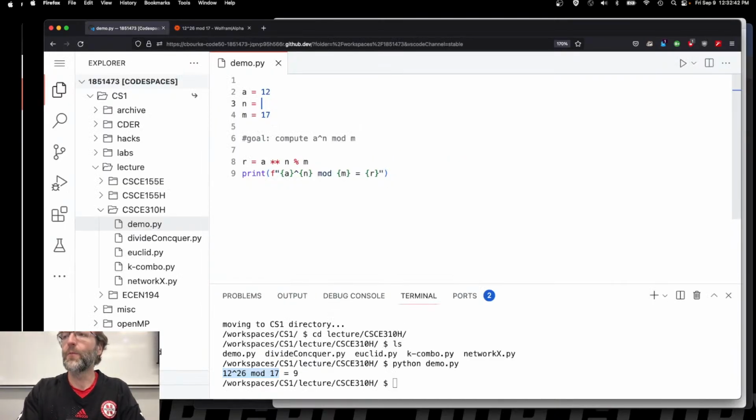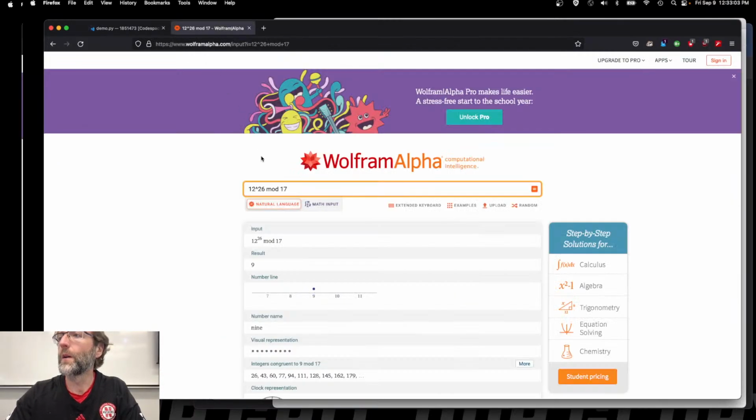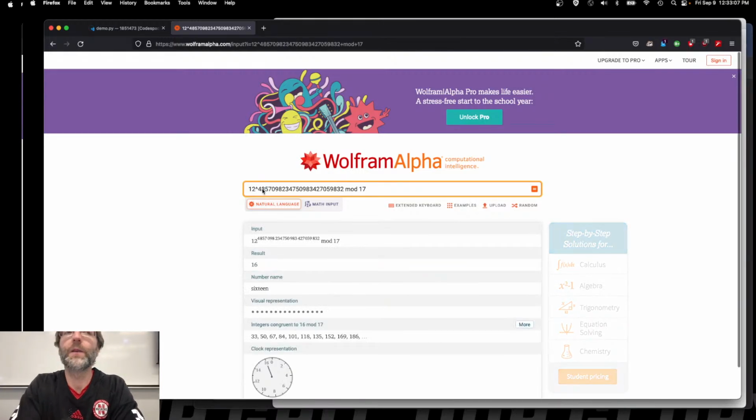Let me mash my keyboard here. Very large number. Now remember, Python 3 has native support for multi-precision integers, arbitrarily large integers. So let's go ahead and run this. And while we're waiting for that, I'm going to take that number and bring it over to Wolfram Alpha and see what it says.